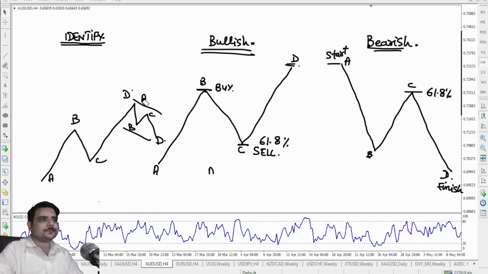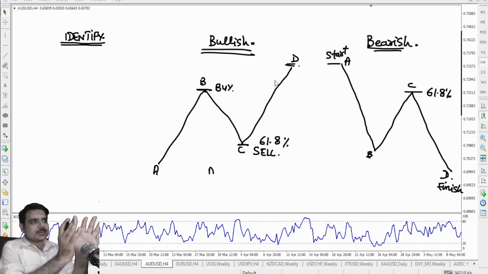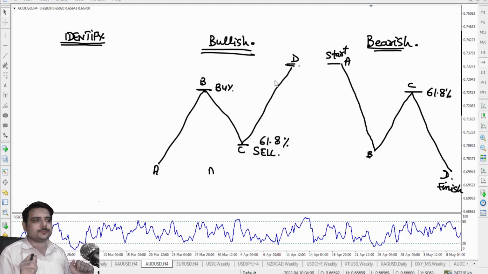Now one more thing you need to remember, I want to just repeat it a little bit once again. In a bullish one, A, B, C, D, graphically on a chart it will look something like this to you, and on a bearish it will be something like this. Now there are several ways of trading it.